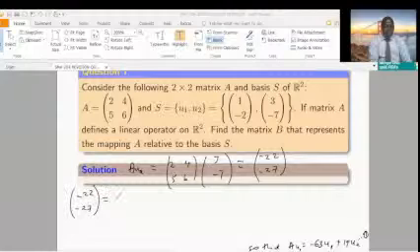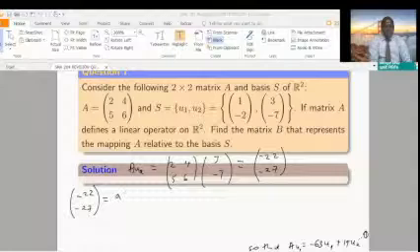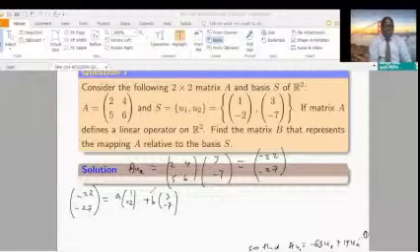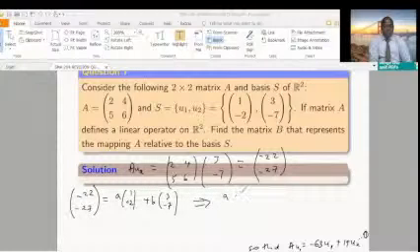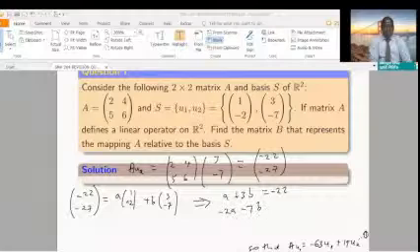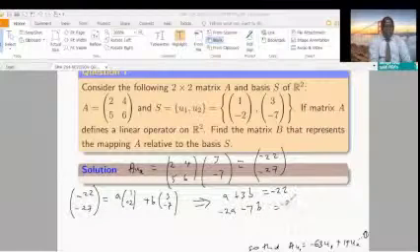That means determine the scalars A and B such that A times this vector plus B times this vector gives you A of U2. And what this gives you is A plus 3B is negative 22, and negative 2A minus 7B is negative 27.